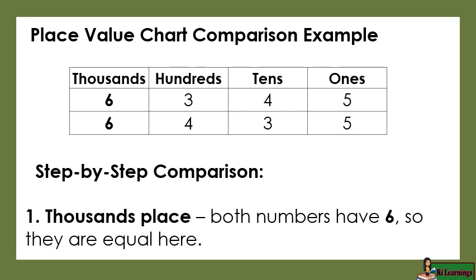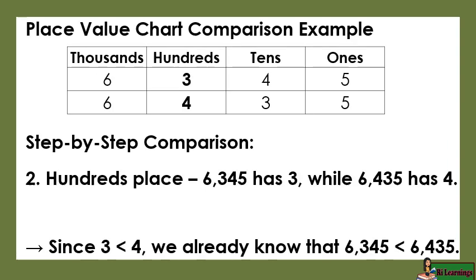Step-by-step comparison. 1. Thousands place: both numbers have 6, so they are equal here. 2. Hundreds place: 6,345 has 3, while 6,435 has 4.